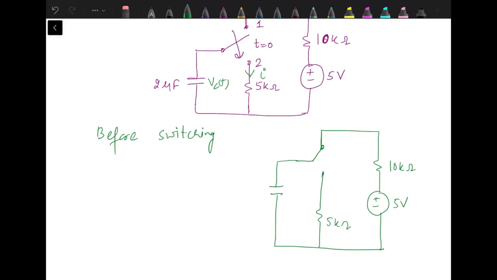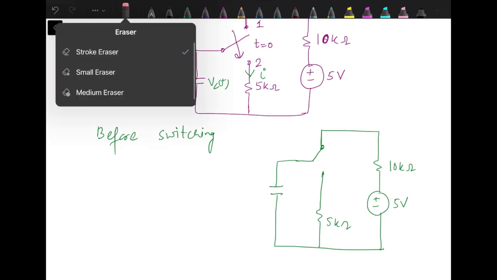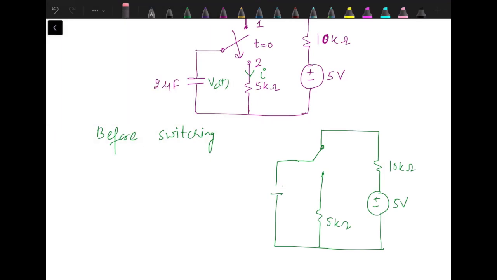Since the circuit is connected in this position for long time, the capacitor will behave as an open circuit. So as this is an open circuit, current through this 10 kilo ohm resistance is 0. So whole 5-volt supplied by this voltage source appears as voltage across the capacitor, that is Vc0.